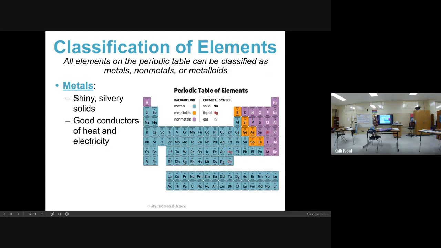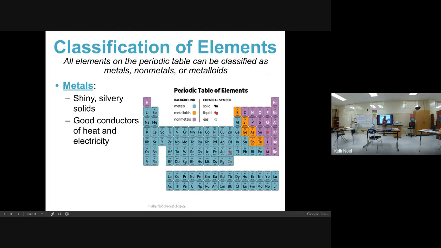Also on the periodic table, and here is where if you want to use colored pencils and color your periodic table, you can. Metals, in the image I have up here, are shaded in blue. If you wanted to shade your periodic table, you would shade lithium down, beryllium down, you would shade the whole middle section.